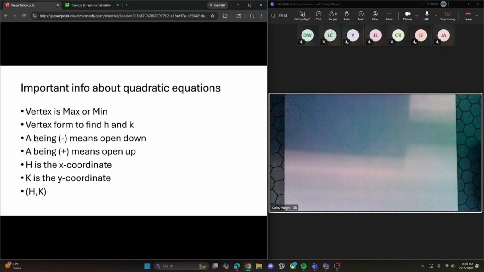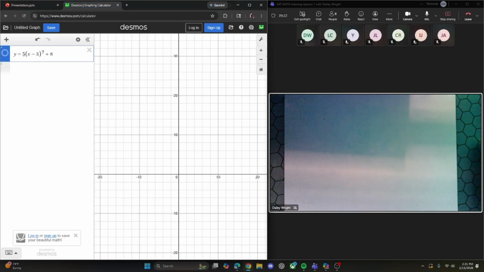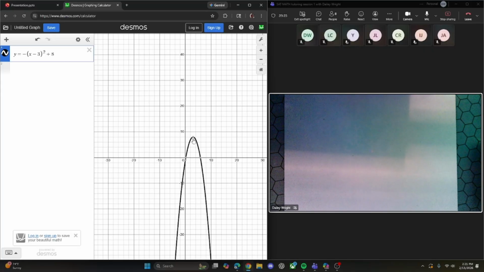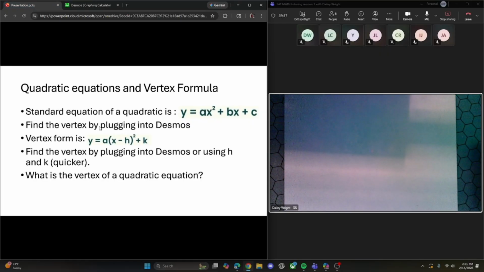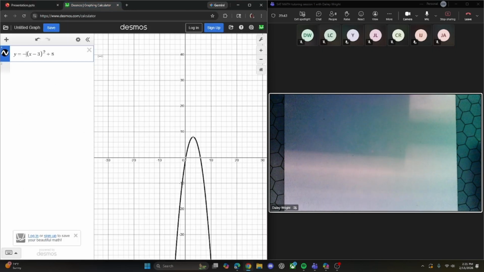And now let's talk about a. When a is negative in either of these equations, the graph will open down. Say I set this negative, the graph will open downwards, meaning it's going to look like an N or an arch. So a being negative means the graph opens down, and it would ask you to find a maximum.